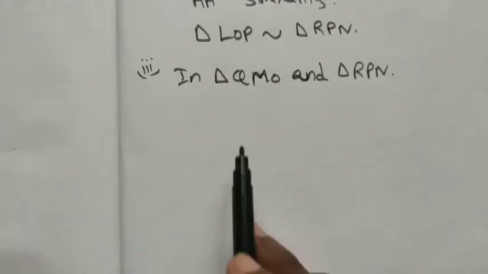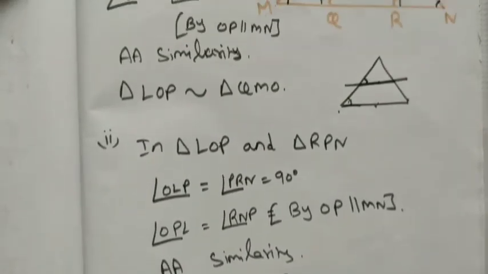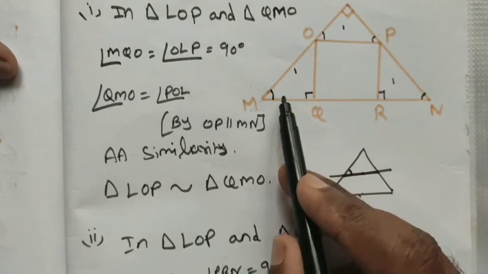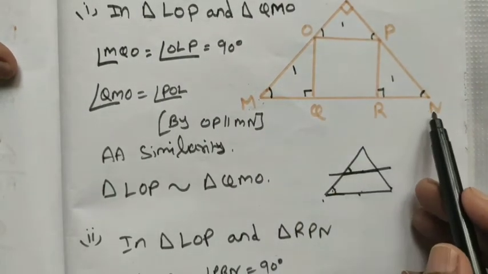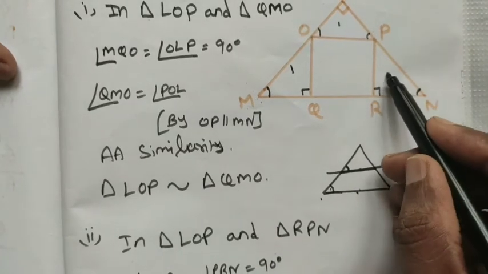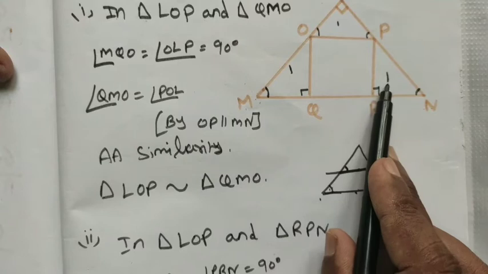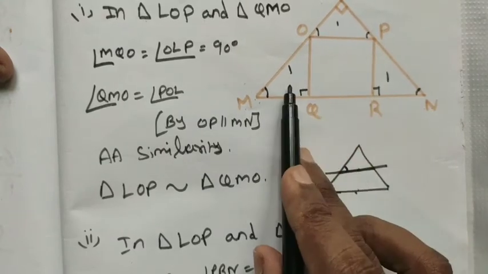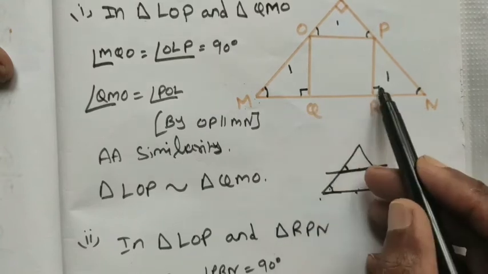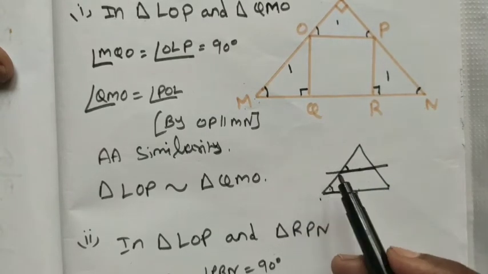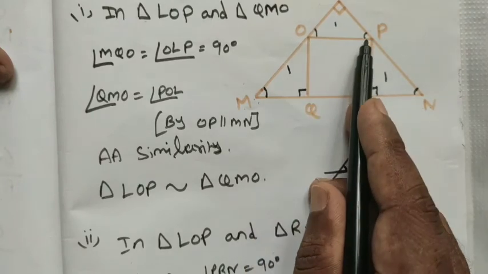Next, third Roman number, in triangles QMO and RPN. Let's see the diagram first. So this is the triangle QMO, and these two triangles are RPN. Now we are going to see whether these two triangles are similar. One of the conditions is 90 degrees, angle Q is equal to angle R, right? Another condition, here see, a straight line is drawn here.